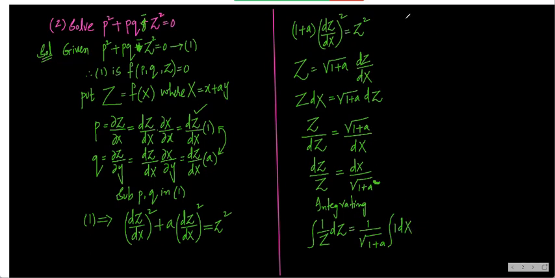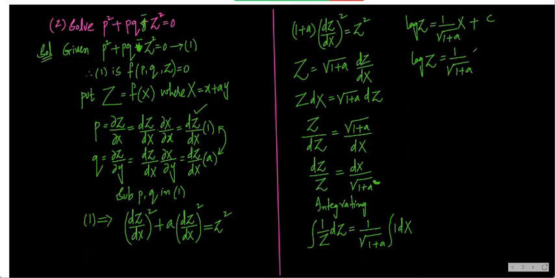So integration of 1 by z is log z, equal to 1 by root of 1 plus a as it is, and integration of 1 dx, as we know, becomes capital X plus some constant we have to add. Log z is equal to 1 by root of 1 plus a as it is.